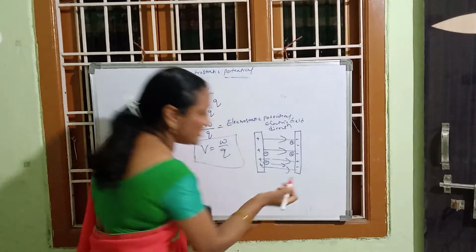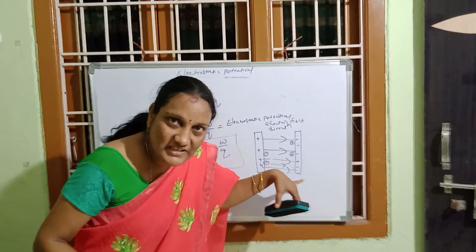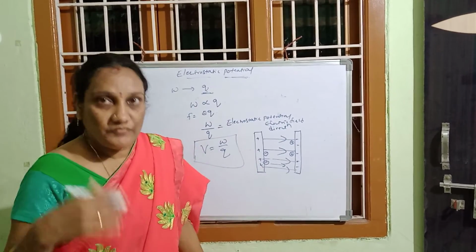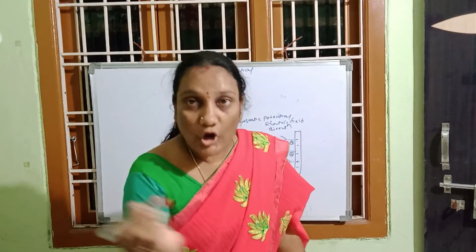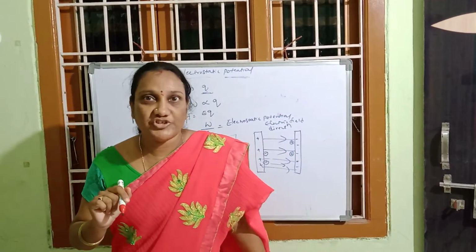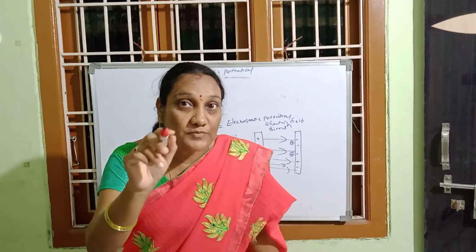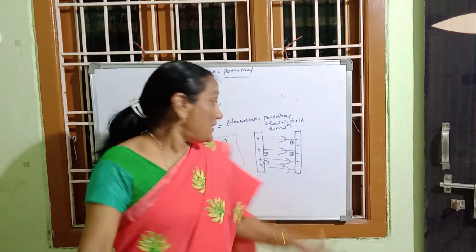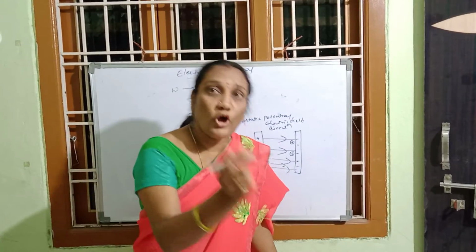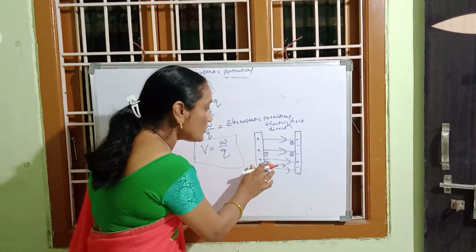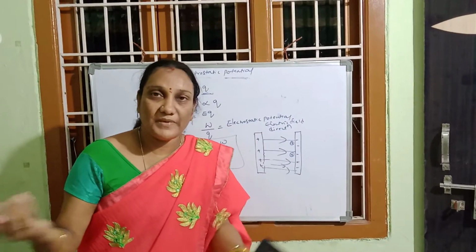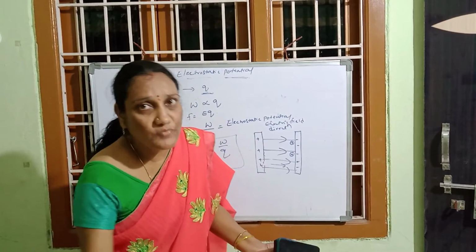Along this direction, which means along the direction of electric field. But what is the definition of potential? The work done in moving the charge must be against the electric field. But negative charge is moving along the field. So we cannot talk about electrons being moved from one place to another, because they are moving along the electric field.